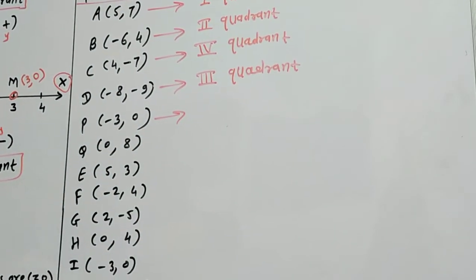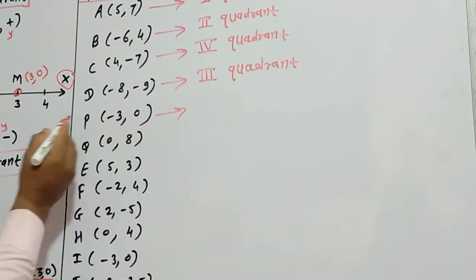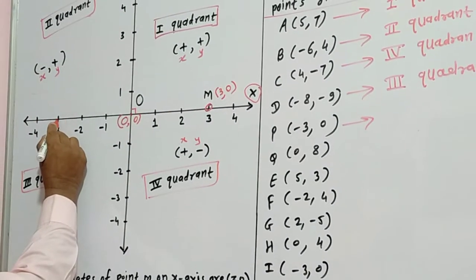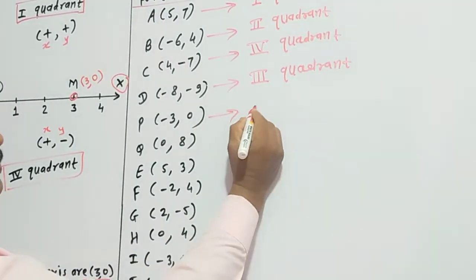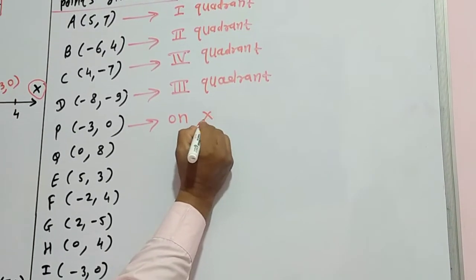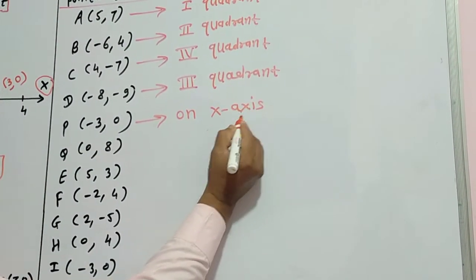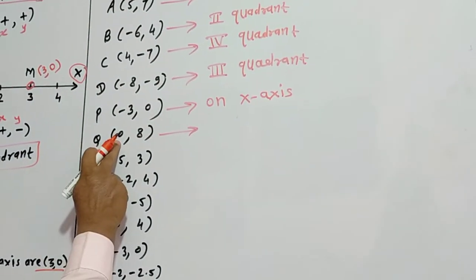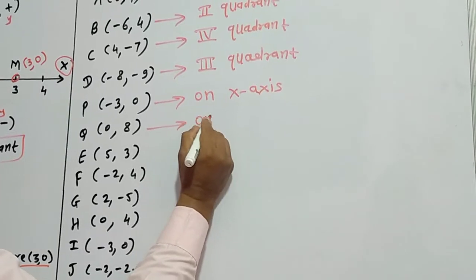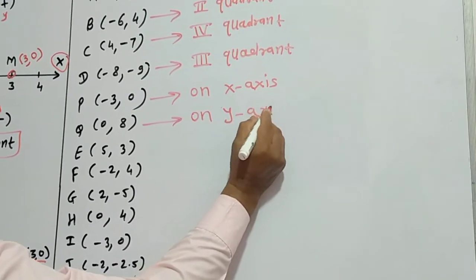Now P (-3, 0). -3 is here and 0 means this point is on the x axis because the y coordinate is 0. Q (0, 8). Here the x coordinate is 0, means this point is on the y axis.